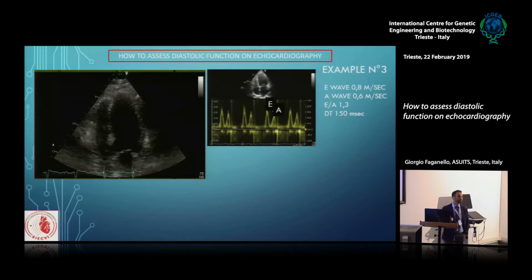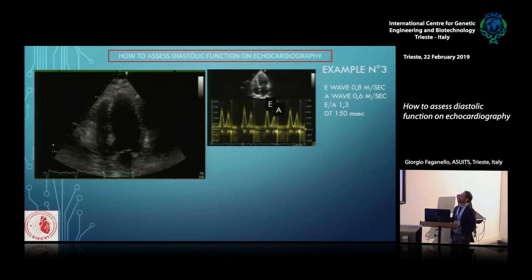So it's normal. But the history of this patient is not a normal history. He's 42 years old, and he was born with aortic coarctation. So he's had high blood pressure for the last 40 years, and he's taken lots of medication against his blood pressure.